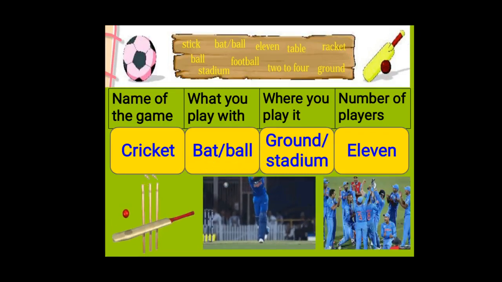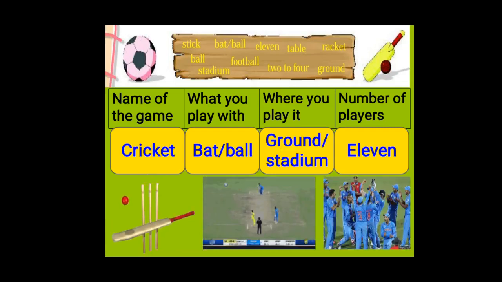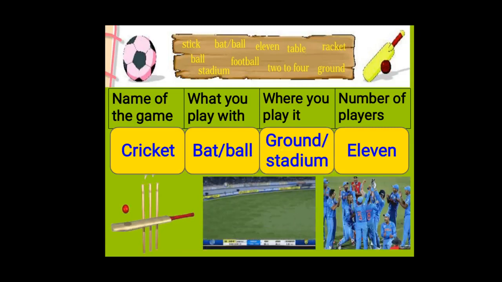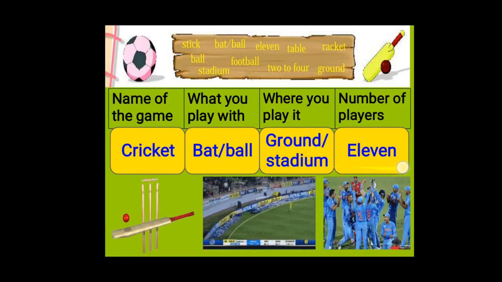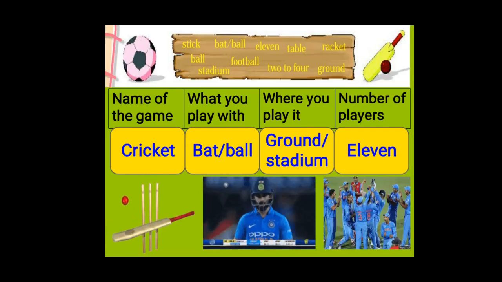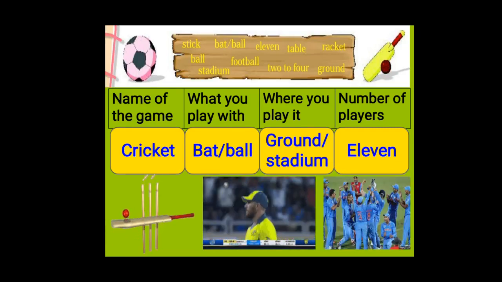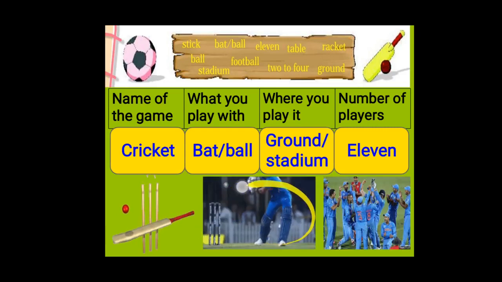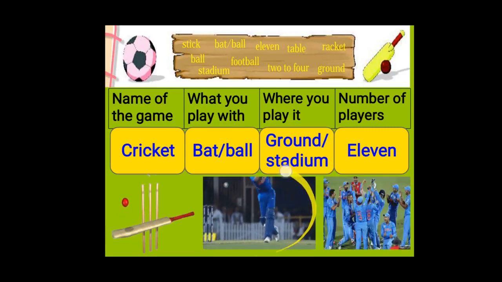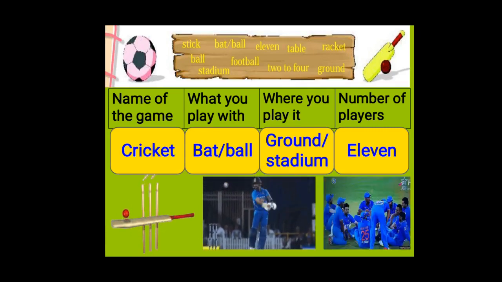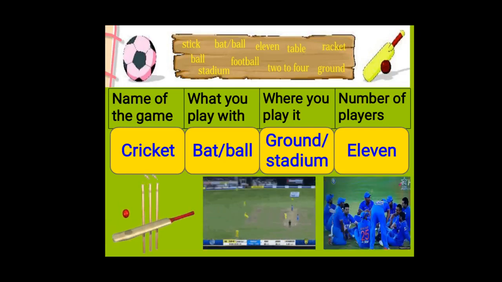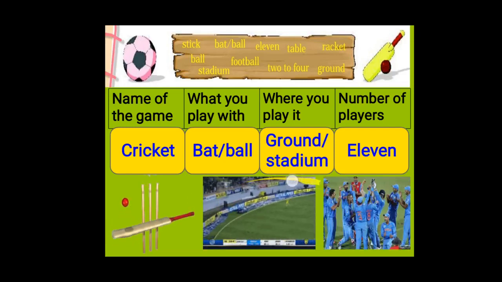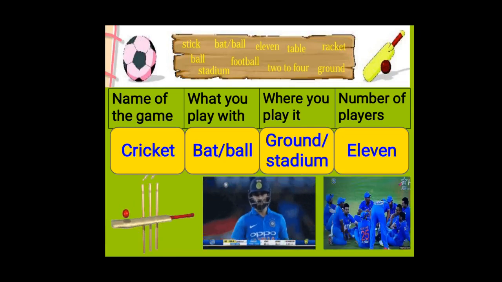You play it in the ground or stadium. And how many players are there? 11 in one team. You can see here, this is the stadium. Cricket is being played in stadium. You have a ground here and then seats for the audience.